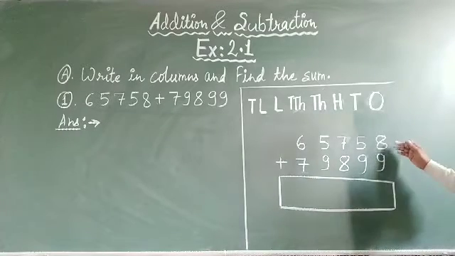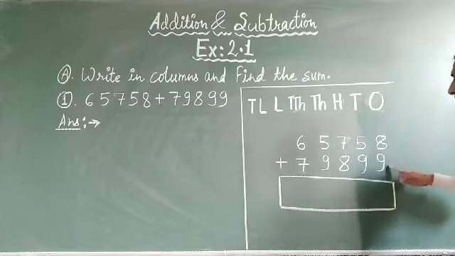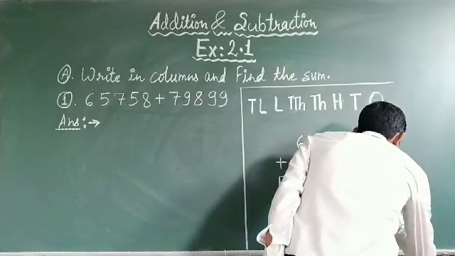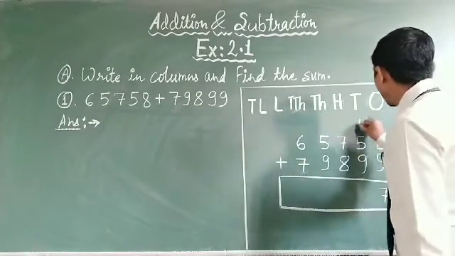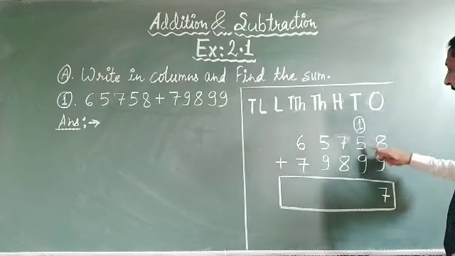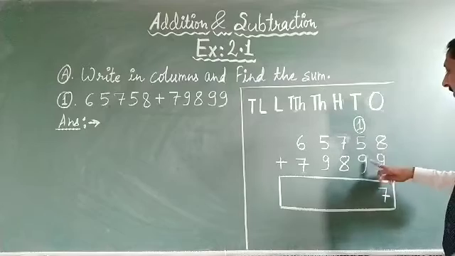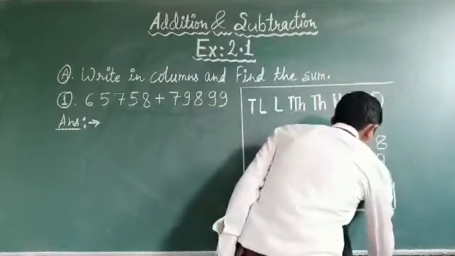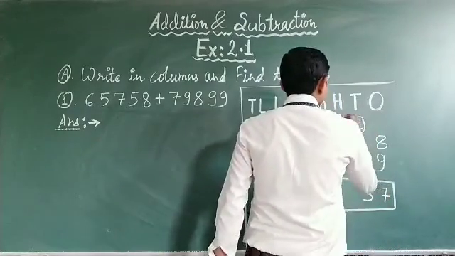Here our numbers in ones place are 8 and 9. First of all, add 8 and 9: 8 plus 9 equals 17. So 7 is written here and 1 is carried to the tens place. Now 5 and 9 are given here. Add 9 plus 5, 14, and add 1 also, that equals 15. So write down 5 and 1 is carried again.